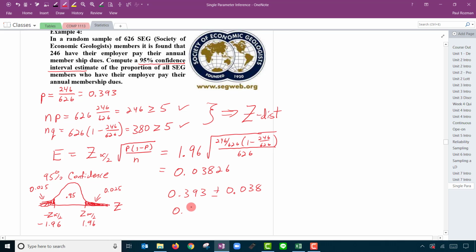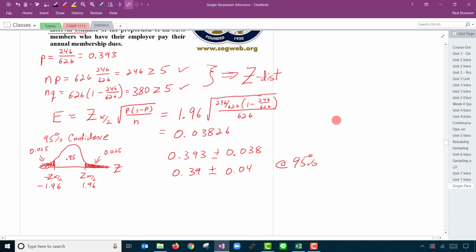Maybe I should say 0.39 plus or minus 0.04, at 95% confidence. The nice thing with proportions is we don't have any units, so we can't lose any marks for forgetting units. If you convert these to percents, 39% of employers pay membership dues to this society, plus or minus 4%.